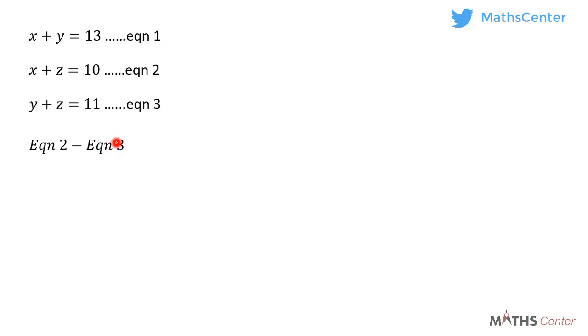To begin, I will subtract equation 2 from equation 3. By doing that, I will eliminate Z so that I can solve the resulting equation and equation 1 together to get the values of X and Y.